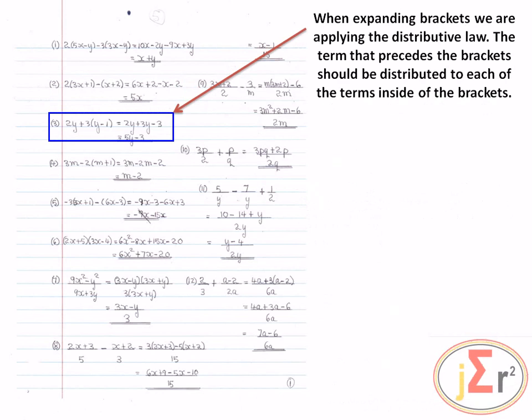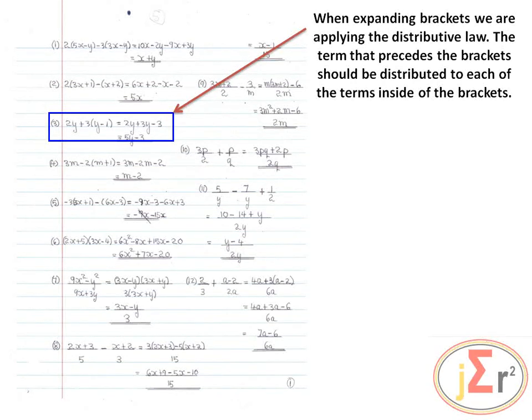When expanding brackets, we are applying the distributive law that says multiplication is distributive over addition and subtraction. The term that precedes the brackets should be distributed because we are applying the distributive law.